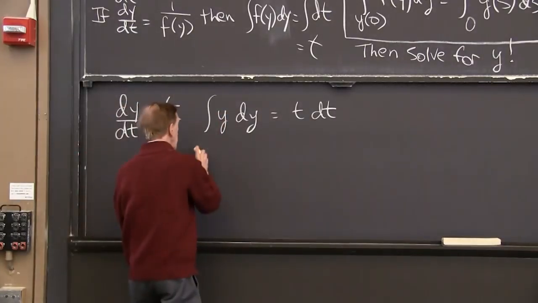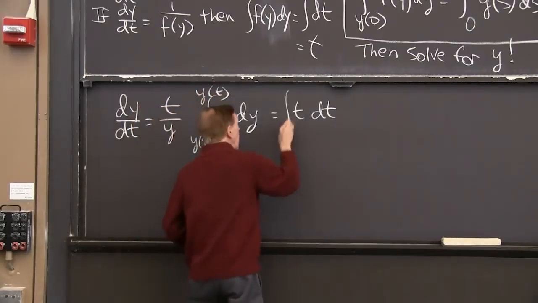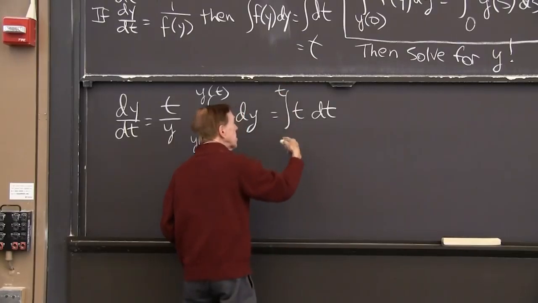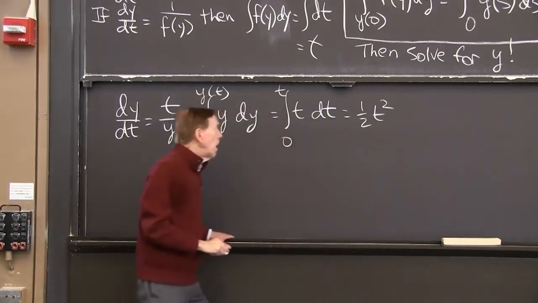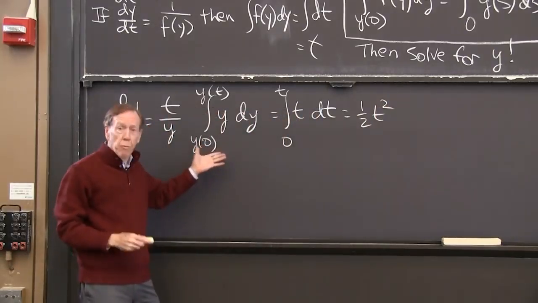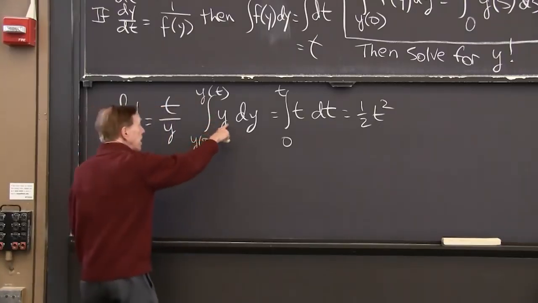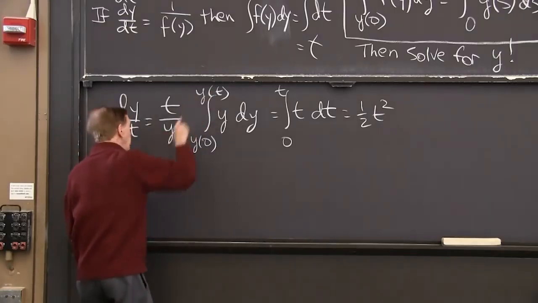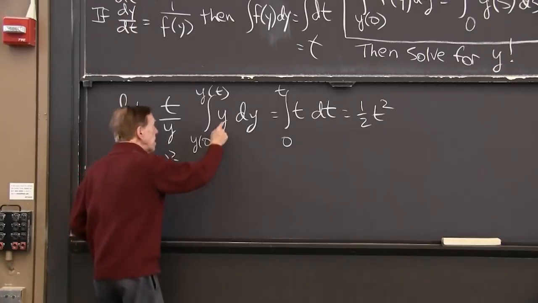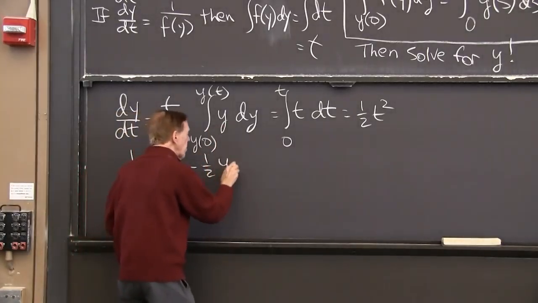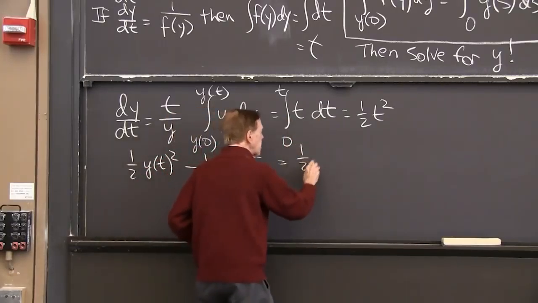Now I'm integrating both sides from y of 0 to y of t on the left, and from 0 to t on the right, and of course that is 1/2 t squared. And the left-hand side is 1/2 y squared between these two limits. So up top I have 1/2 y of t squared minus, at the bottom end, 1/2 y of 0 squared, equaling the right-hand side 1/2 t squared.